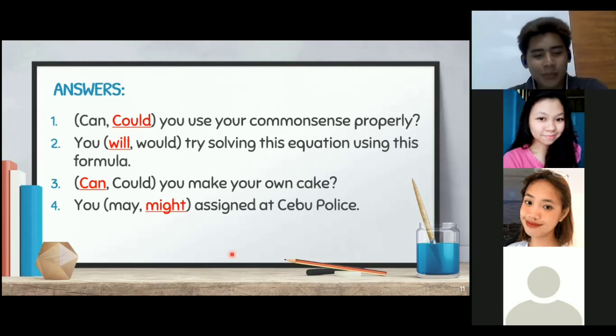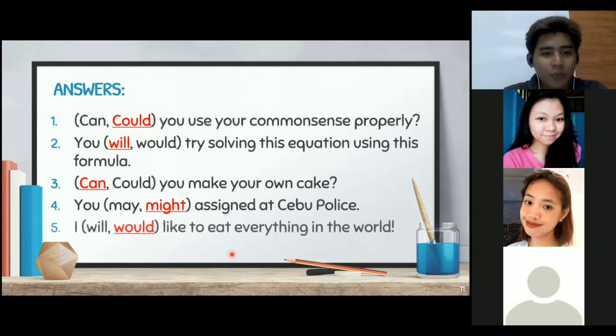I would like to eat everything in the world. Any volunteer? Yes, Angelica. I think the right modal verb for this sentence is would. Would is correct. Good job, class.